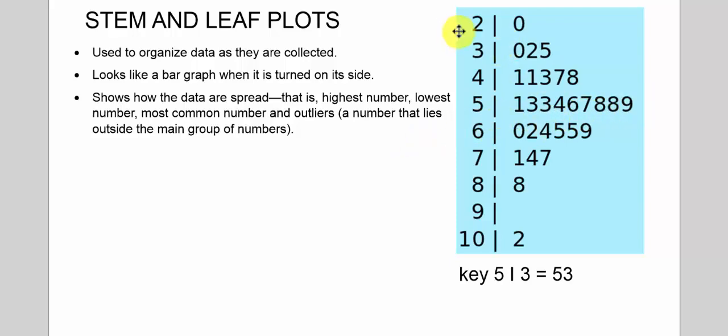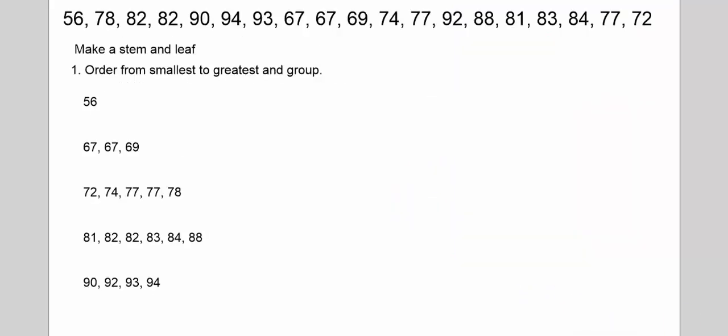You can see the low number is a 20, the high number is a 102. It's tough to tell the average in this case. You could find the middle of the data pretty easily, but you can definitely tell if the data is spread out or grouped tightly from these data sets. So let's go ahead and do a couple of these.